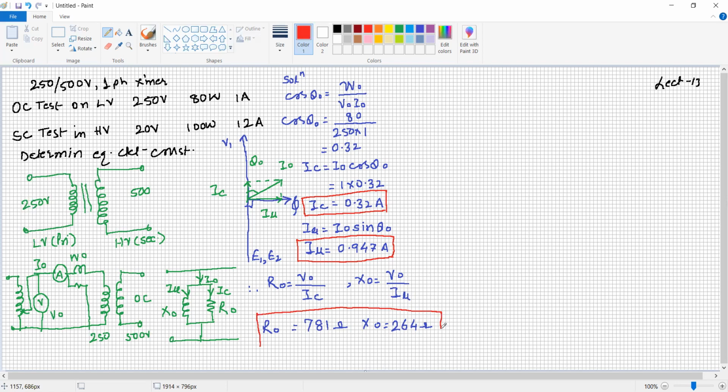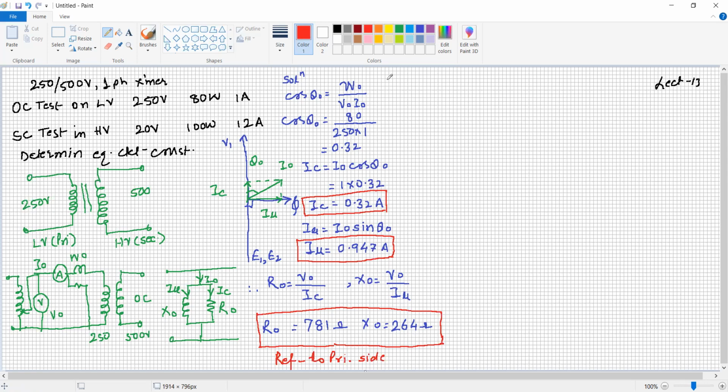Now these two parameters are referred to the primary side, because the open circuit test is conducted on the low voltage side, and here it is the primary side. We will write only referred to primary side.